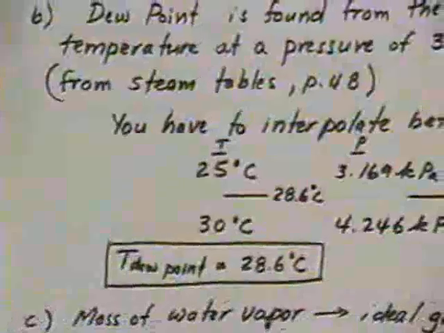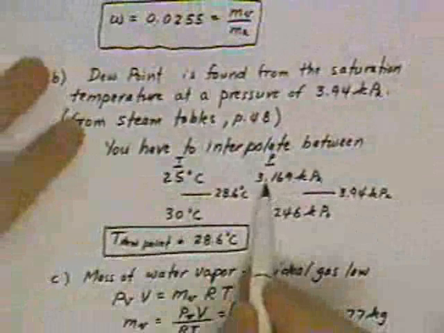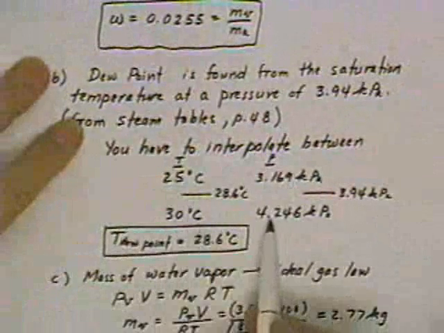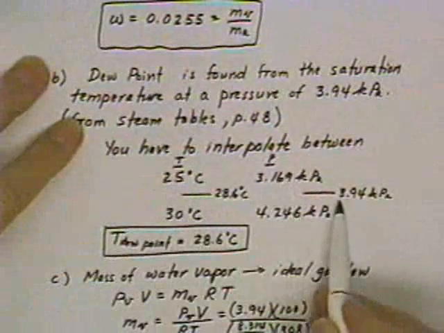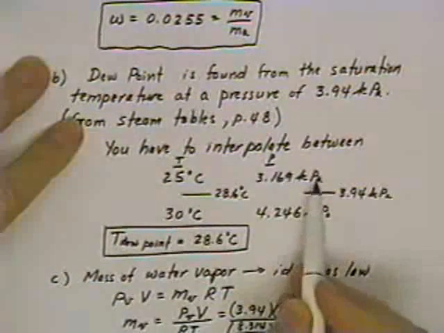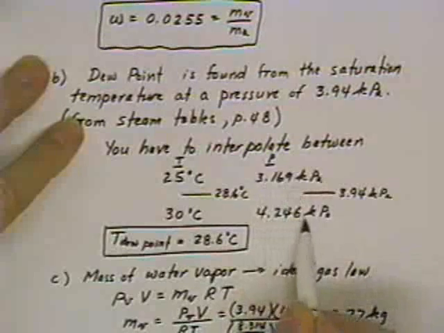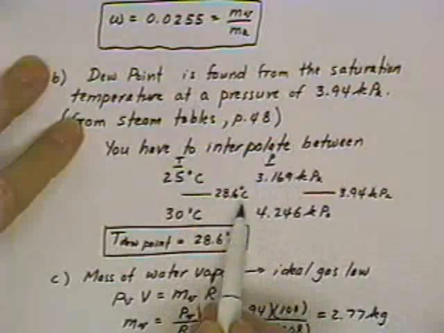The two values that you're working in between: at 25 degrees C, you've got a pressure of 3.169 kilopascals. At 30 degrees C, you've got a pressure of 4.246 kilopascals. Our pressure is 3.94 kilopascals, so a linear interpolation between the 3.169 and 4.246 yields a temperature of 28.6 centigrade.